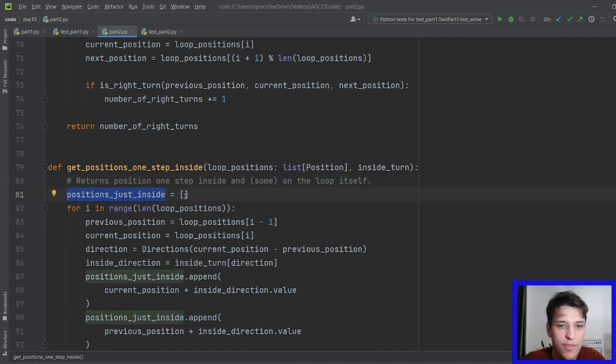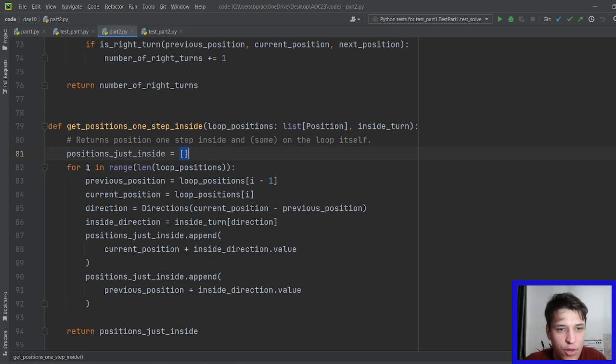Okay, so we start with an empty list, and then again we go through all the indices and always consider the previous position and the current position. The direction from the previous to the current will be given by subtracting the previous position from the current position. Then for the inside direction, we use this inside turn dictionary on the direction we're currently walking in, and this gives us the inside direction.